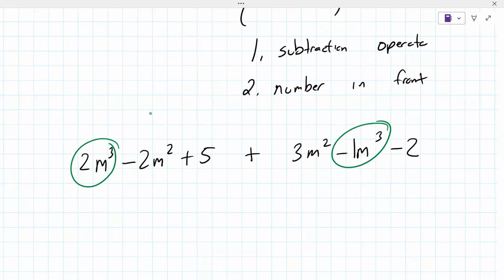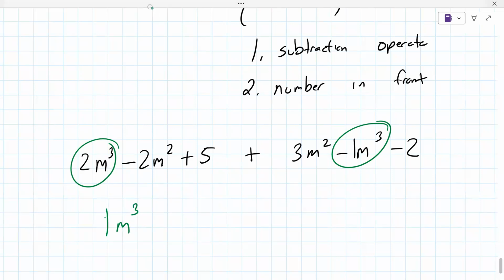Is it clear what I'm asking you to do? Yeah, so 1m cubed. Good.